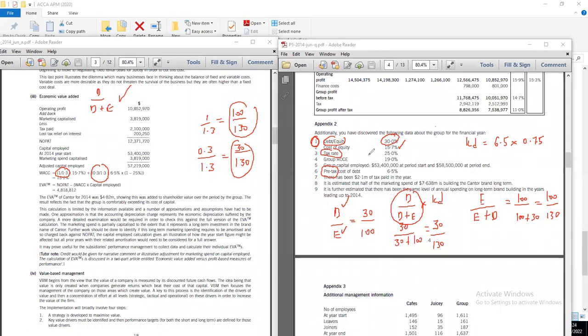But if they give you what they gave here, you need to go through the correct interpretation, like we did here. So that was the first point. Also remember that you need to remove your 1 minus t.